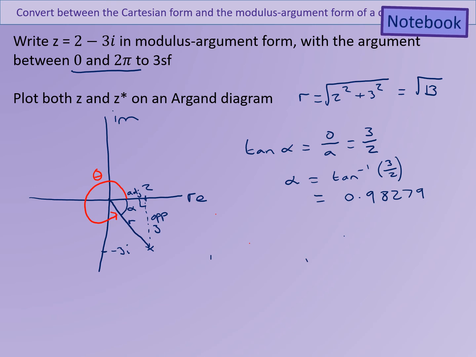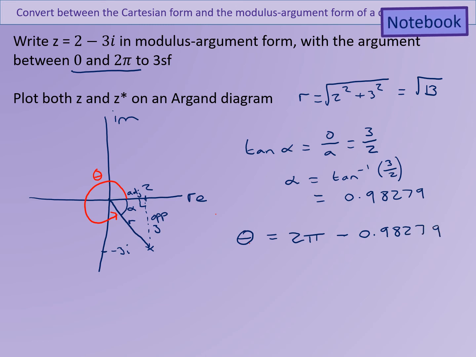So a full turn is 360 degrees or 2 pi radians. So to find theta, we need to do 2 pi minus the angle we've just found, 0.98279.